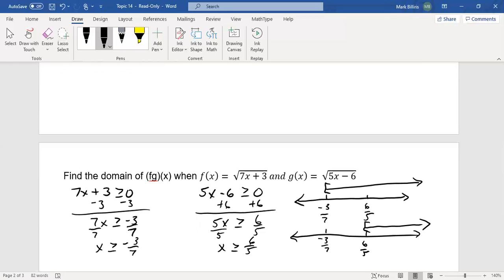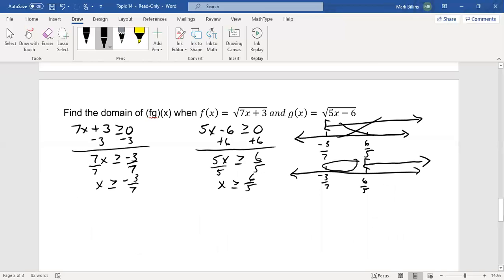So notice this area in between negative 3/7 and 6/5 isn't included in the second one. So it is more restrictive. So our domain for this particular problem would be x is greater than or equal to 6/5, and in interval notation, 6/5 to infinity, and again, 6/5 would be included since it's greater than or equal to.